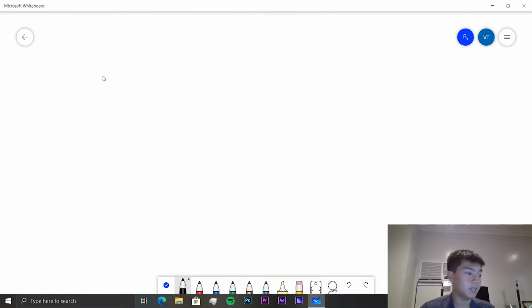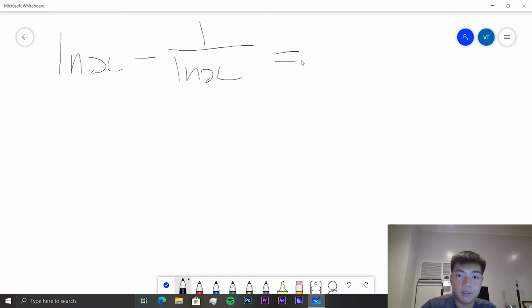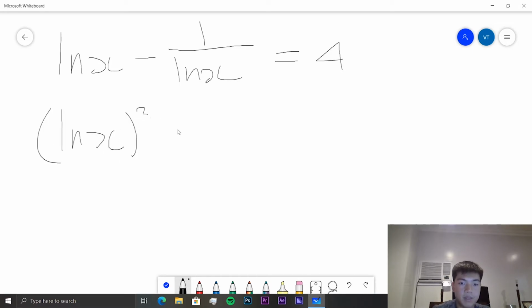So the next one is determine the values of ln x given that ln x minus 1 over ln x is equal to 4. So we just need to determine the values of ln x based on this. This is actually pretty simple. It's that (ln x) squared minus 4 ln x minus 1 is equal to 0.